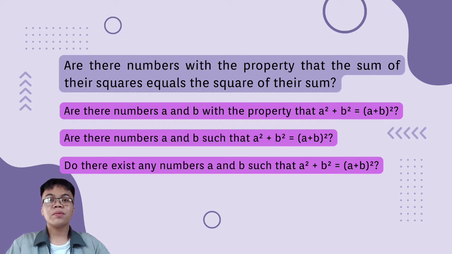Or, pwede mo naman siyang gawing, are there numbers a and b such that a squared plus b squared is equal to a plus b squared? Pinalitan lang natin yung with the property that ng such that. Or, pwede naman, do there exist any numbers a and b such that a squared plus b squared is equal to a plus b squared?